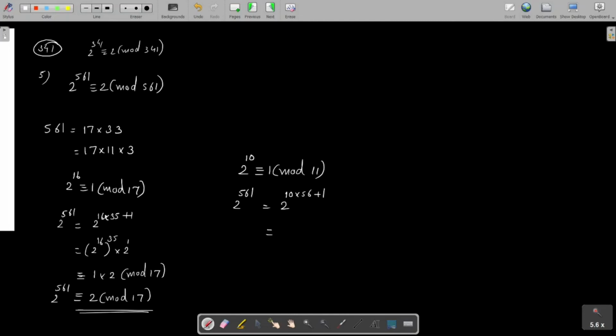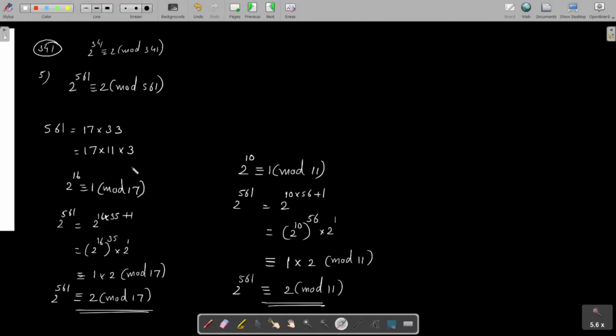This is equal to 2 raised to 10 whole raised to 56 into 2 raised to 1. And this is congruent to 1, since 2 raised to 10 is congruent to 1 mod 11. So we have 1 raised to 56 is equal to 1 into 2 raised to 1 mod 11. Or you may write 2 raised to 561 is also congruent to 2 mod 11.